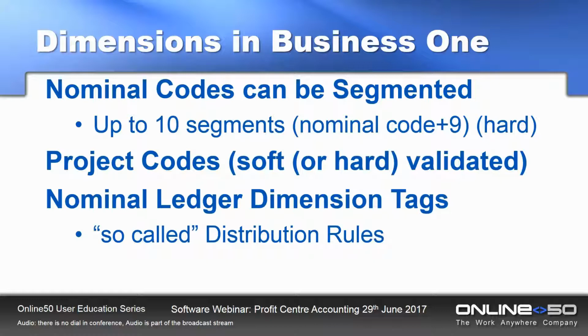So in the same way with a project code, you can say this nominal code must have a dimension code assigned to it. The dimension code must be valid. The distribution rule, I think, is a slight misnomer. The idea is that you can record a code which has rules against it for distributing the costs.